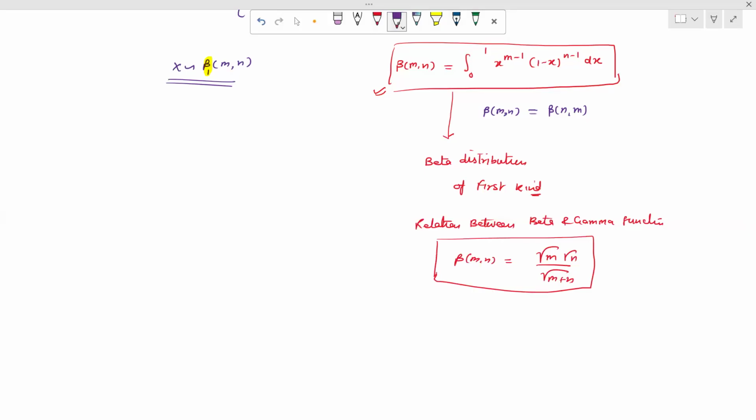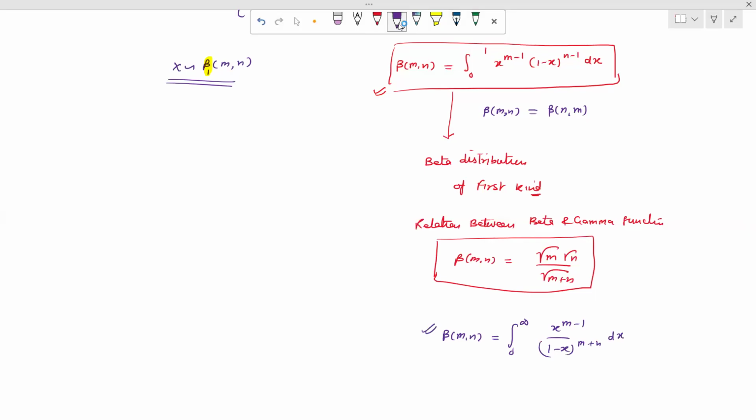Now when we talk about the second definition of beta, we can write beta(m,n) is equal to integration 0 to infinity of x raised to the power m minus 1 upon (1 plus x) raised to the power m plus n, dx. So this is the second form.